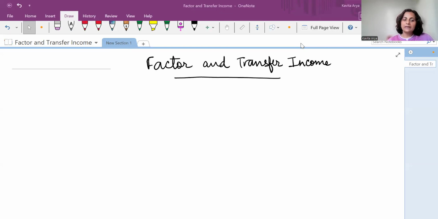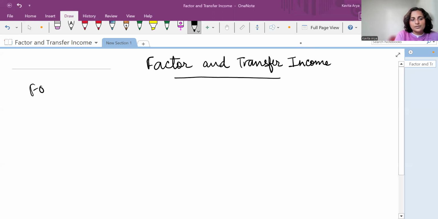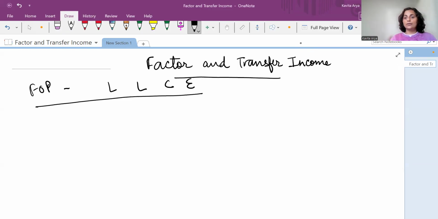Previously, we have already talked about how production happens with the efforts of some factors of production when they are united. So factors of production are land, labor, capital, and entrepreneur. These are vital for any production to happen and for any economy to move and carry on with its work.